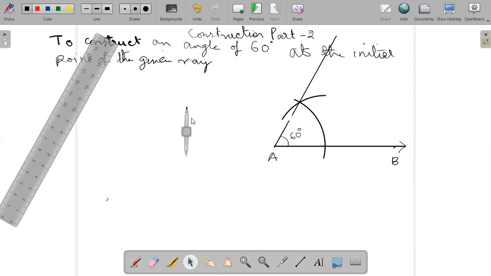Now we can take a bigger radius and put it at this point. It should be placed at the exact point, otherwise there will be a difference of angle.